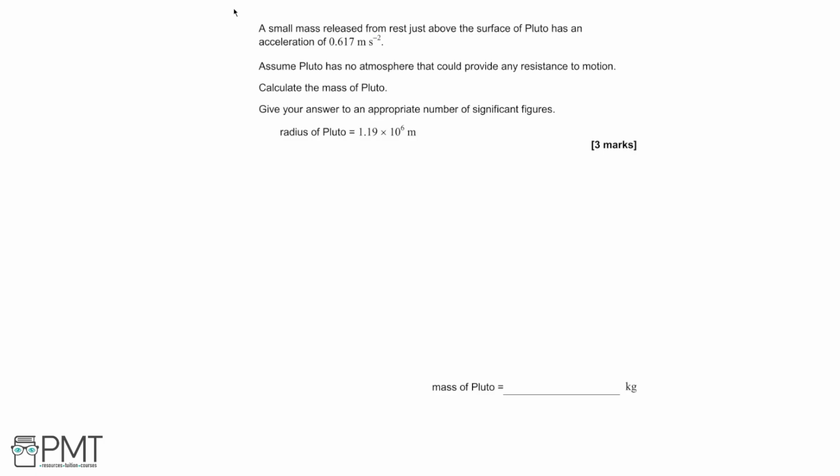The next part of the question says, a small mass released from rest just above the surface of Pluto has an acceleration of 0.617 meters per second squared. We're told to assume Pluto has no atmosphere that could provide any resistance to motion, which signifies no air resistance.